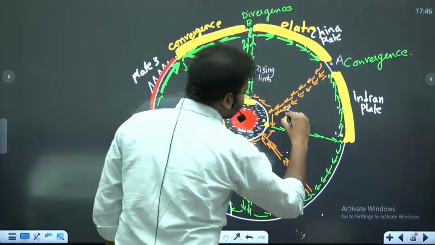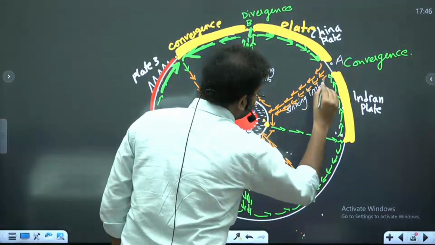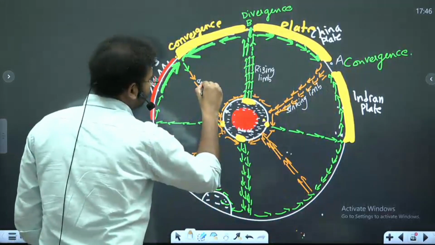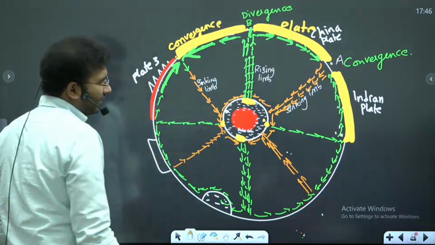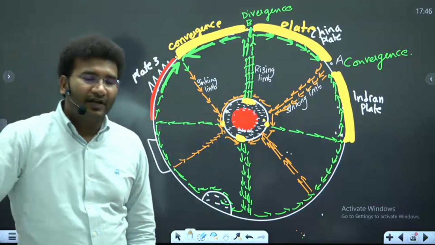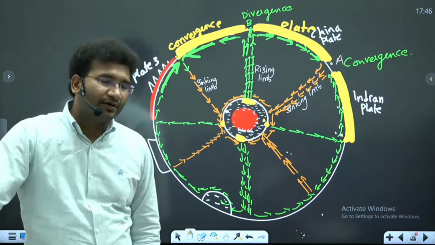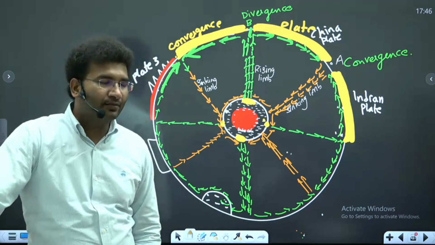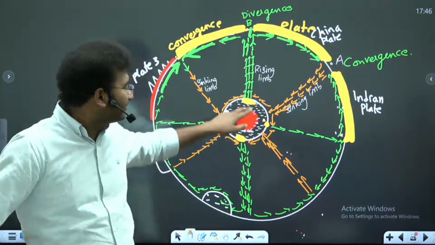And this is sinking limb. आप देख के बताओ, where is the concentration of the radioactive material more? Is it at the base of the rising limb or is it at the sinking limb? At the base of the rising limb.